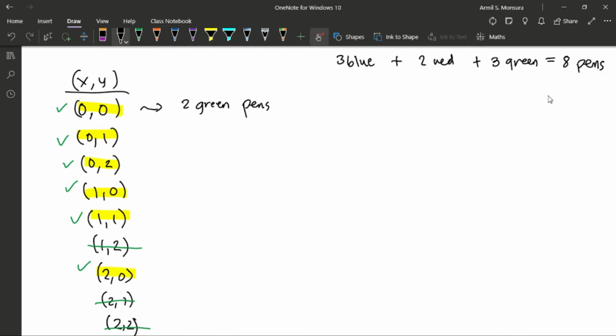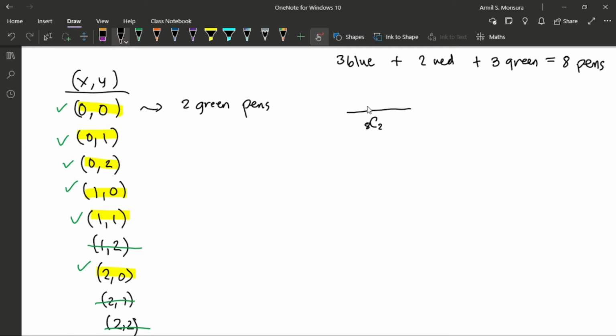Now we have to find the number of ways by which we can select 2 pens out of 8. And that's 8 combination 2. So that tells us how many ways we can choose 2 pens out of 8 pens.